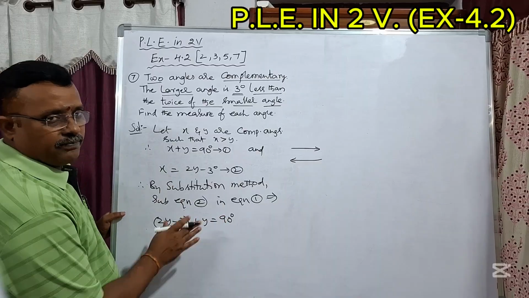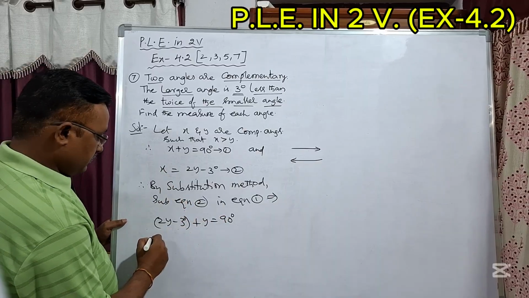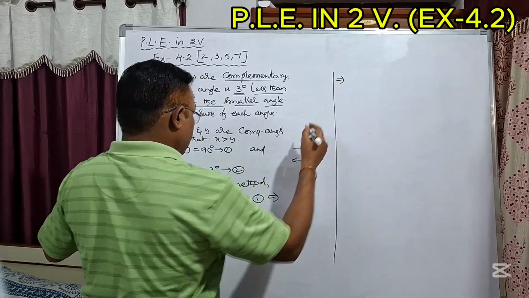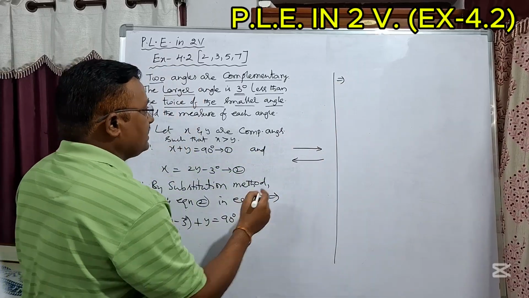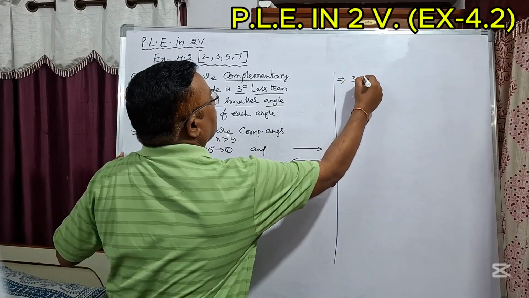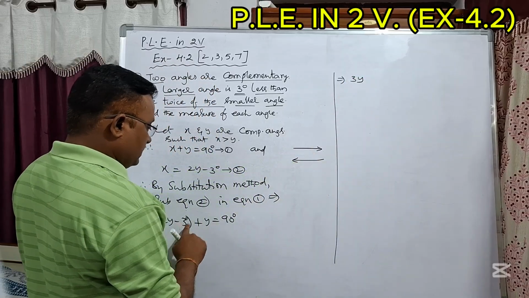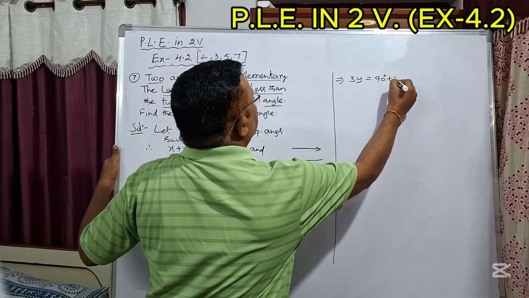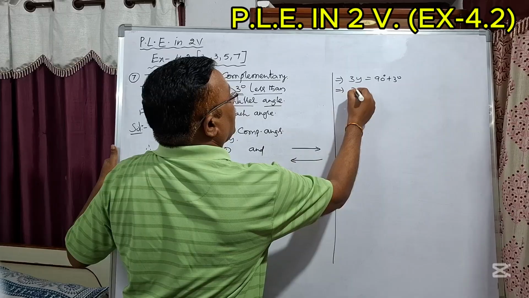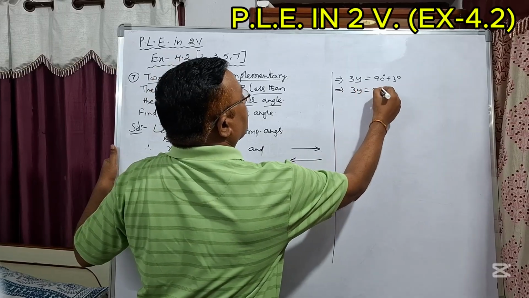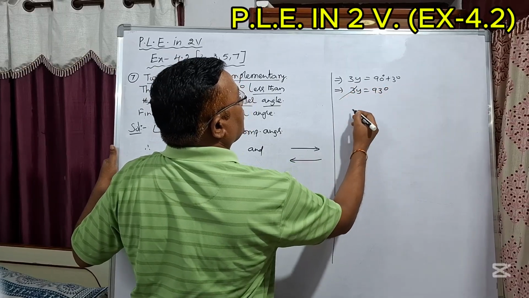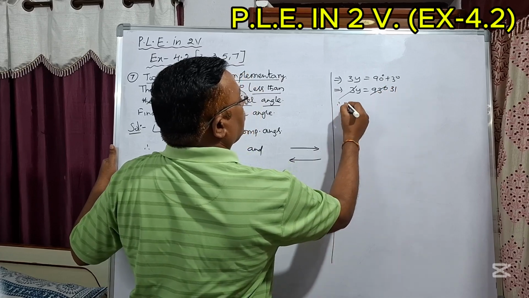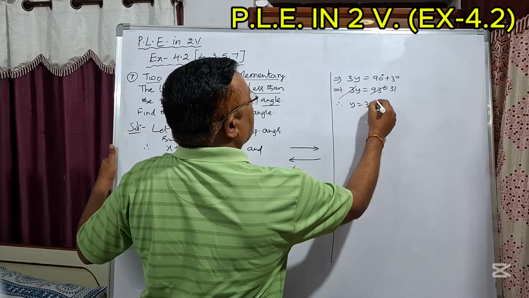Am I clear, Nana? That's it. Simplify it. This implies 2y plus y is 3y, and minus 3 will go to the other side of the equality: 90 degrees plus 3 degrees, which implies 3y equal to 93 degrees. Cancellation, 3 times 31 is 93. Therefore, y equal to 31 degrees.